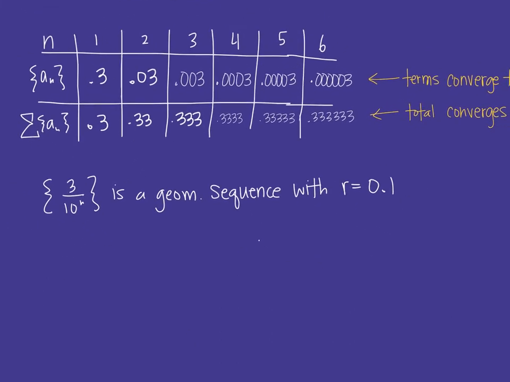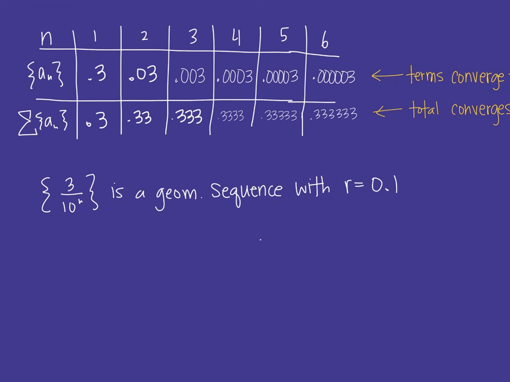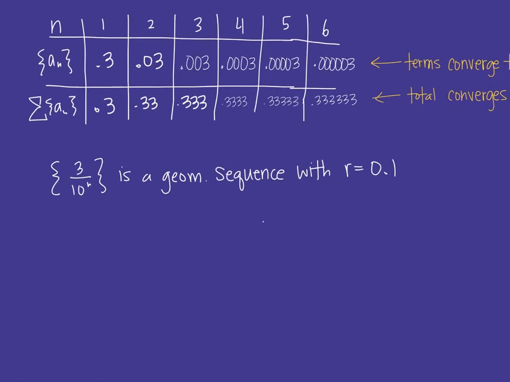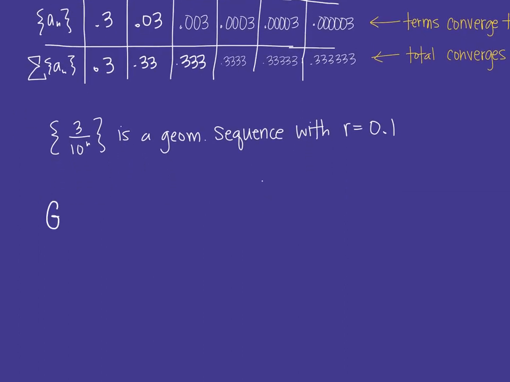Okay, this leads us to our very first test for convergence. So you probably should put it in your notes, but then you'll probably want to make a flashcard for it for easy reference also. Okay? All right, so this is the geometric series test.